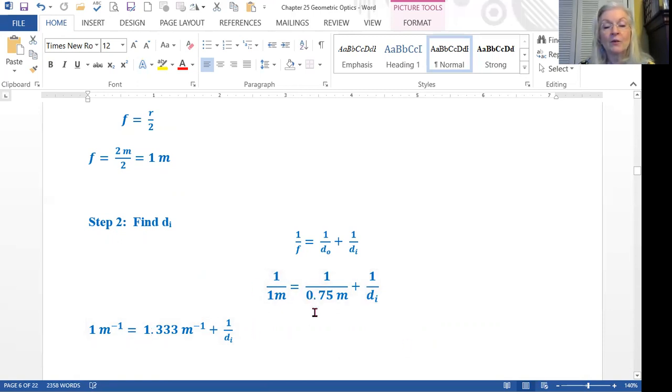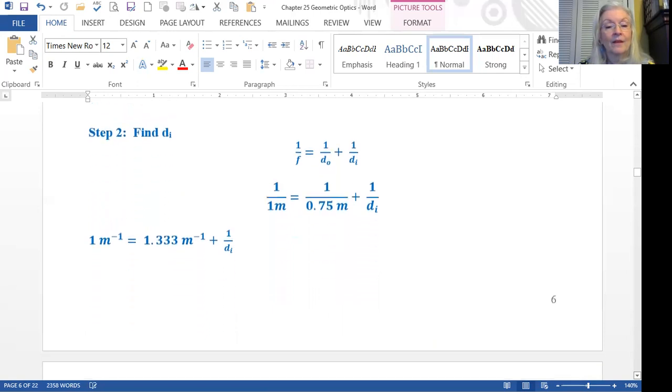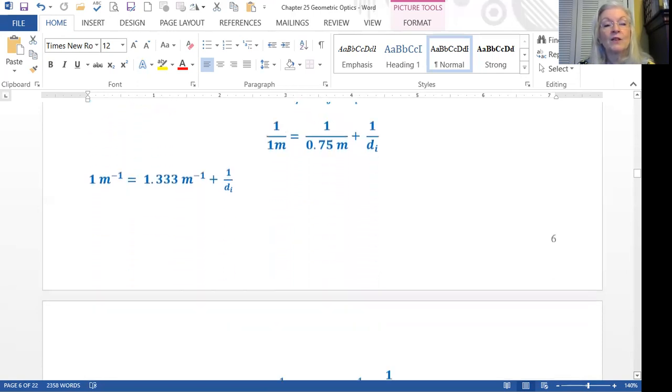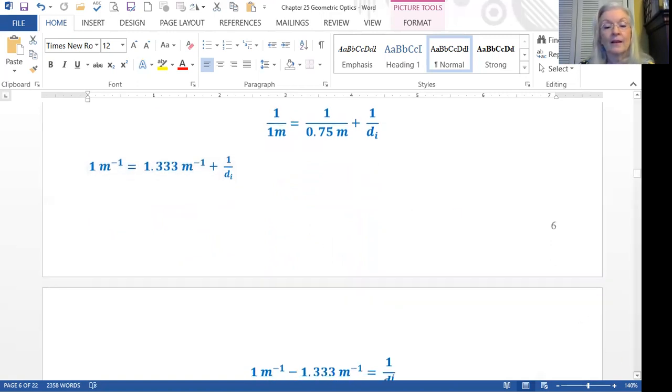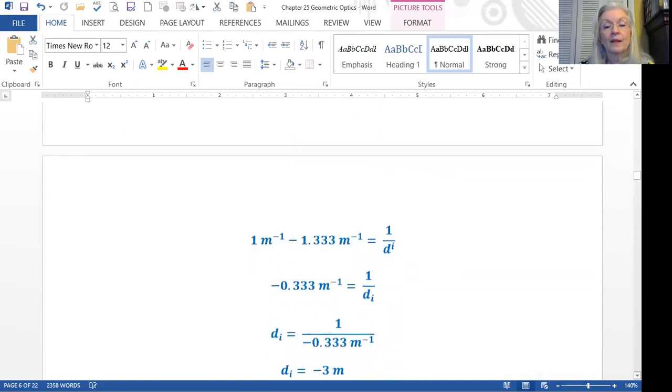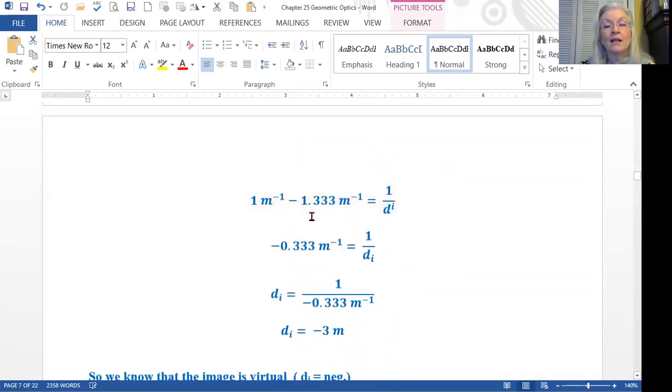1 divided by 0.75 gives me 1.33333333. So I kept a few digits, but not all. And we've still got the 1 over DI. So what will we do? We're going to subtract the 1.33 from both sides. So 1 minus 1.333 equals 1 over DI.